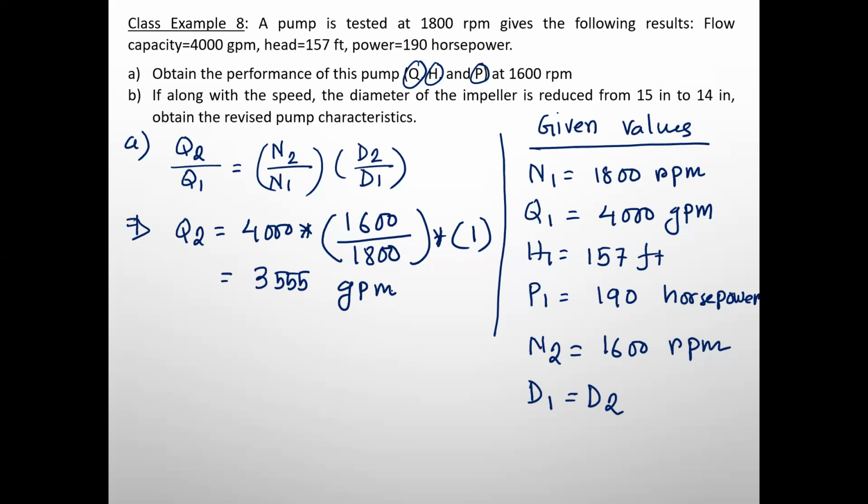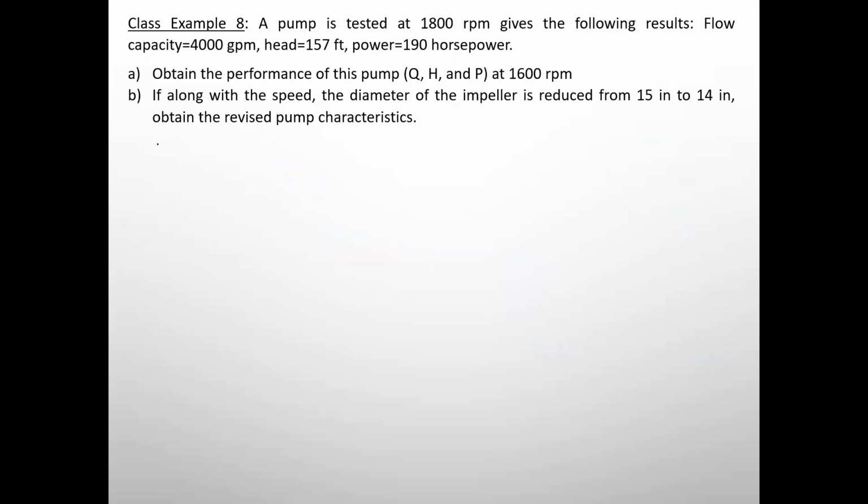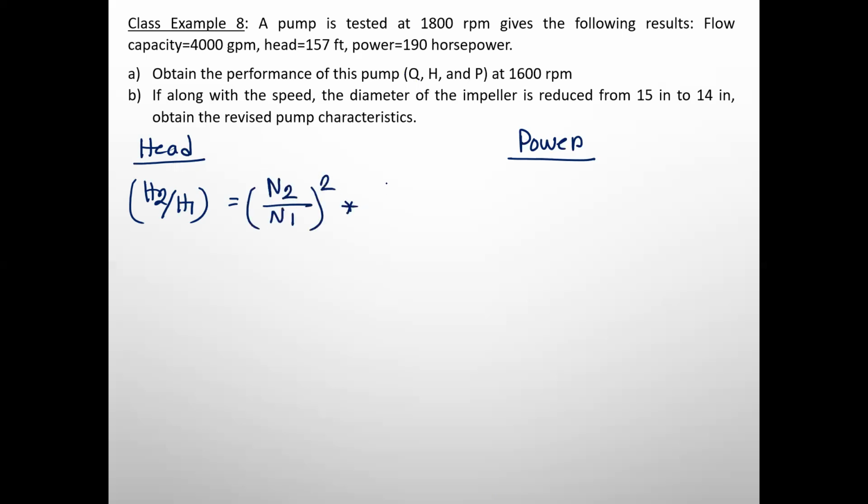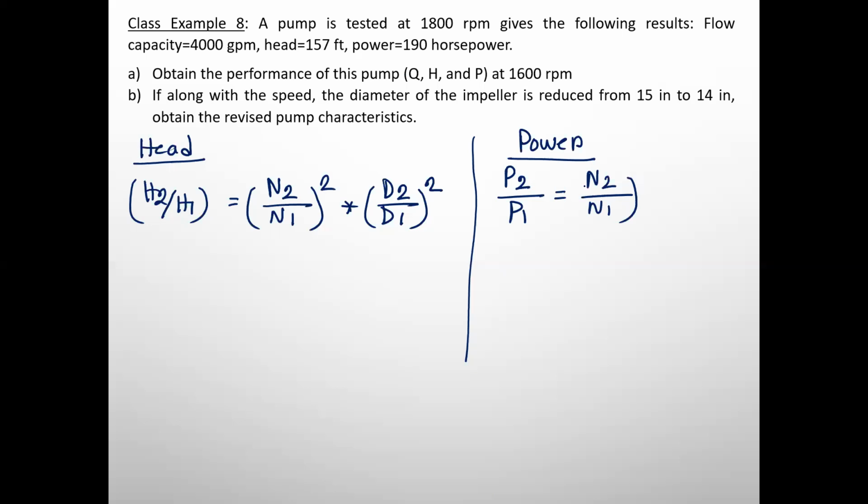Now let's calculate the H and P. For head and power, we are still working on A. The equation for head is H2 over H1 equals N2 over N1 squared times D2 over D1 squared, and for power, it's P2 over P1 equals N2 over N1 cubed.